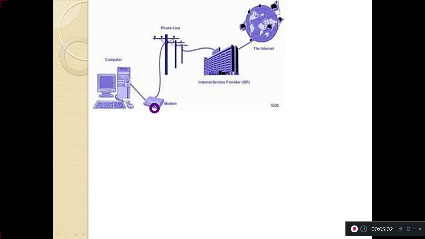So this modem is converting digital data to analog. Then these are being transmitted. At the other end, again you will see the modem is attached to the computing devices, so it will convert these analog signals to digital data. So this way emails are sent and received.